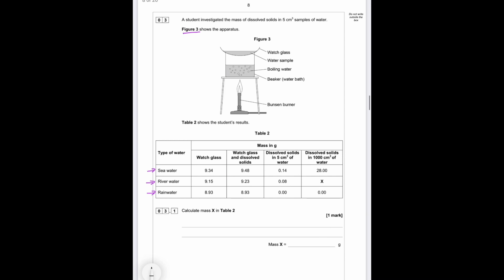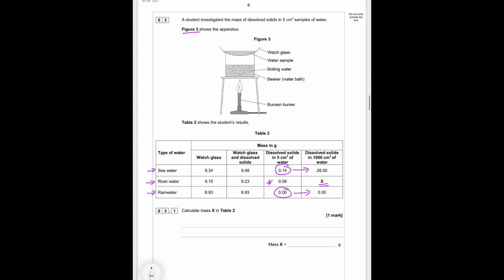So it says calculate mass X in table 2. So they've scaled up the mass in the seawater and the rainwater, so that we know how much there was in 1,000 centimeters cubed. So what we have to do is figure out what the mass would be for the river water.